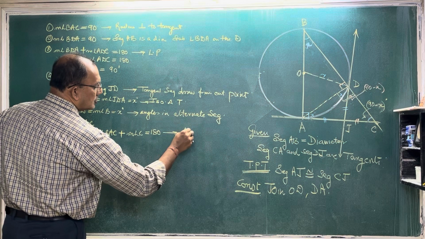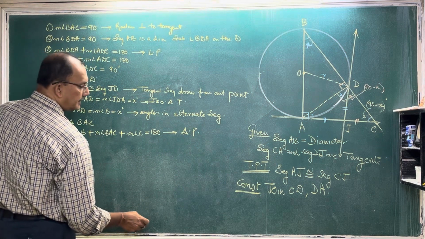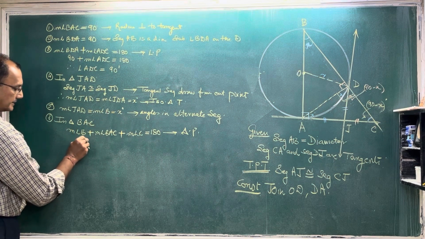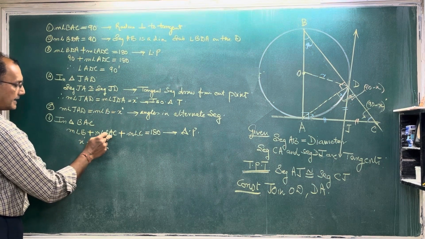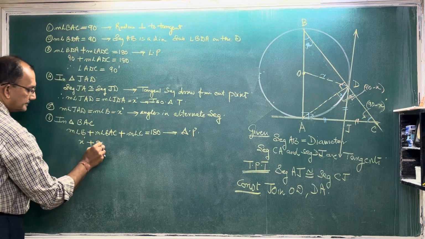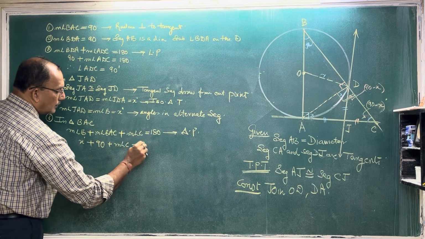This is my triangle property, that is, the sum of all the angles of a triangle is 180. Out of that, B is X degrees, plus angle BAC is 90, plus measure angle C is equal to 180.